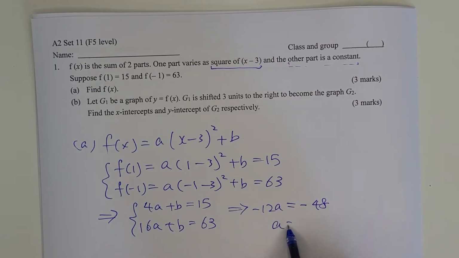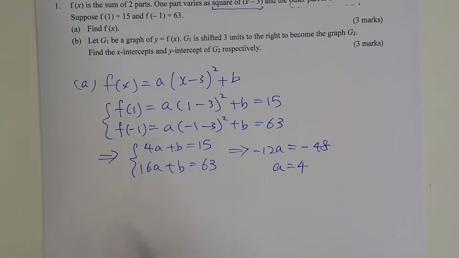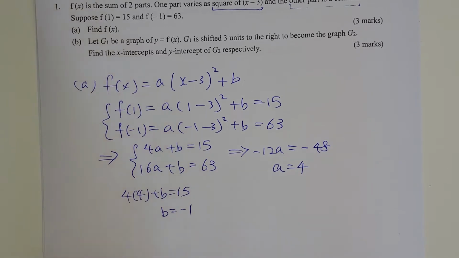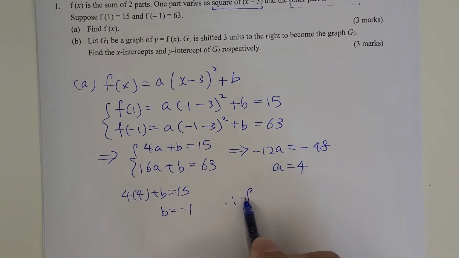And therefore a is 4. When you get a equals 4, then you can find b. b is negative 1.